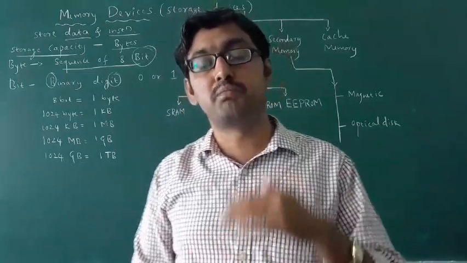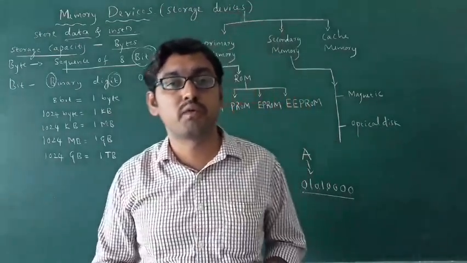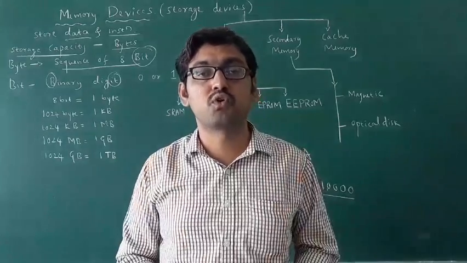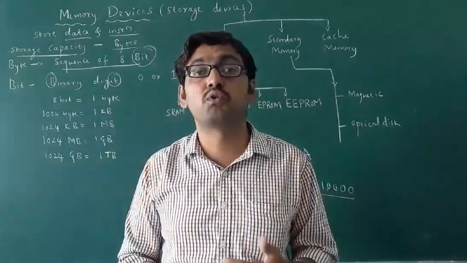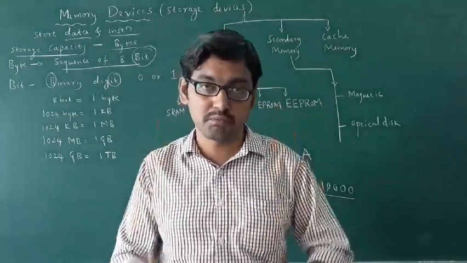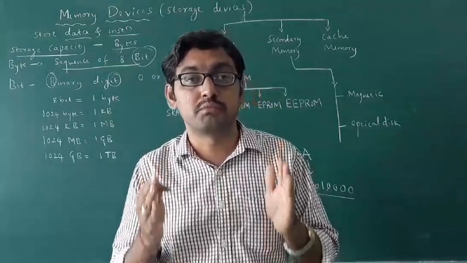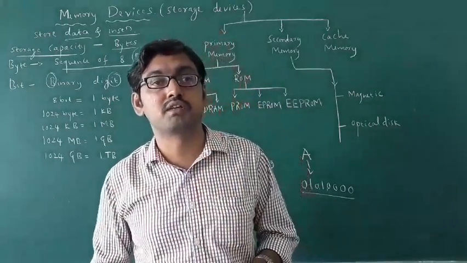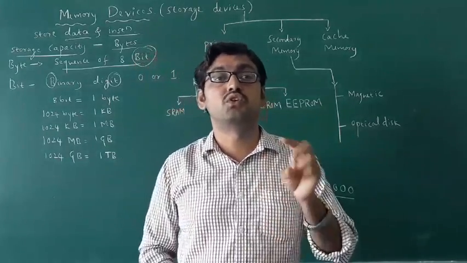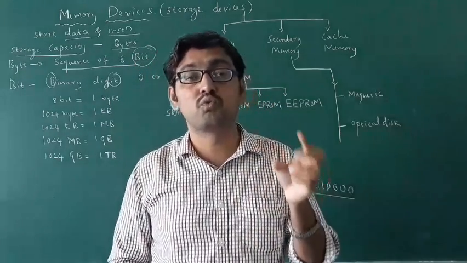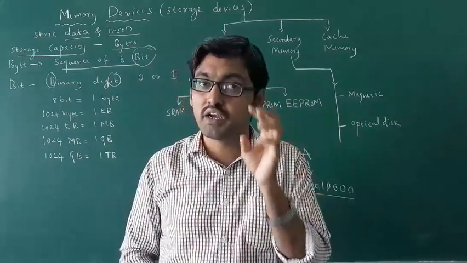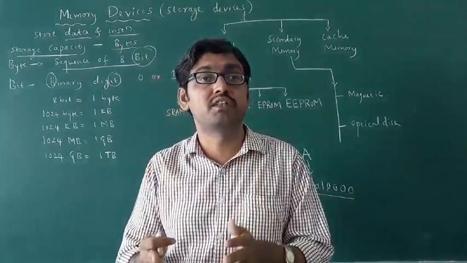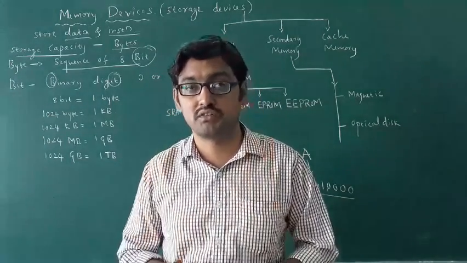We have to measure the computer storage capacity in bytes. The computer is made up of electronic components, and it knows only 0 and 1. 0 and 1 mean the on and off state, which is nothing but binary language.